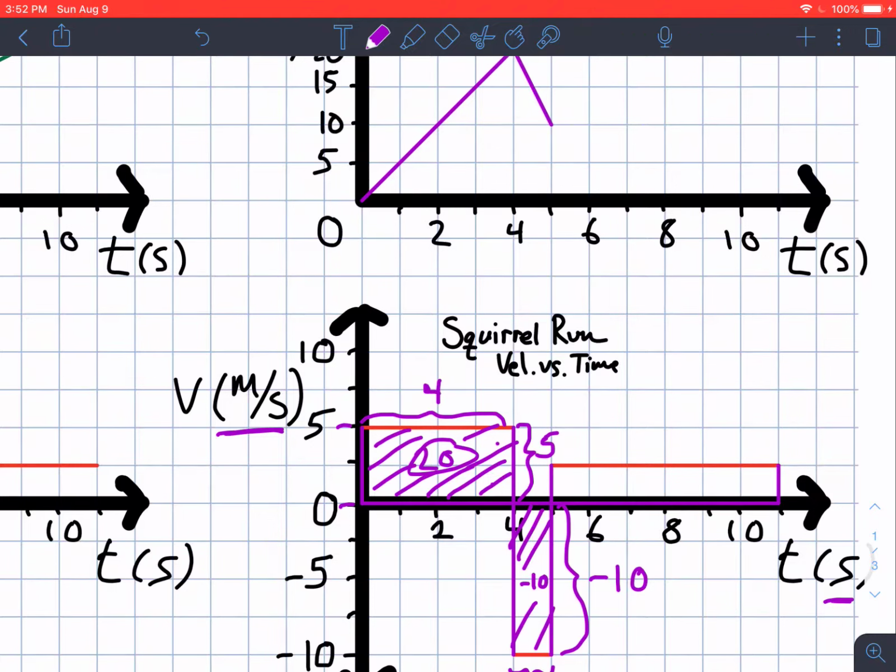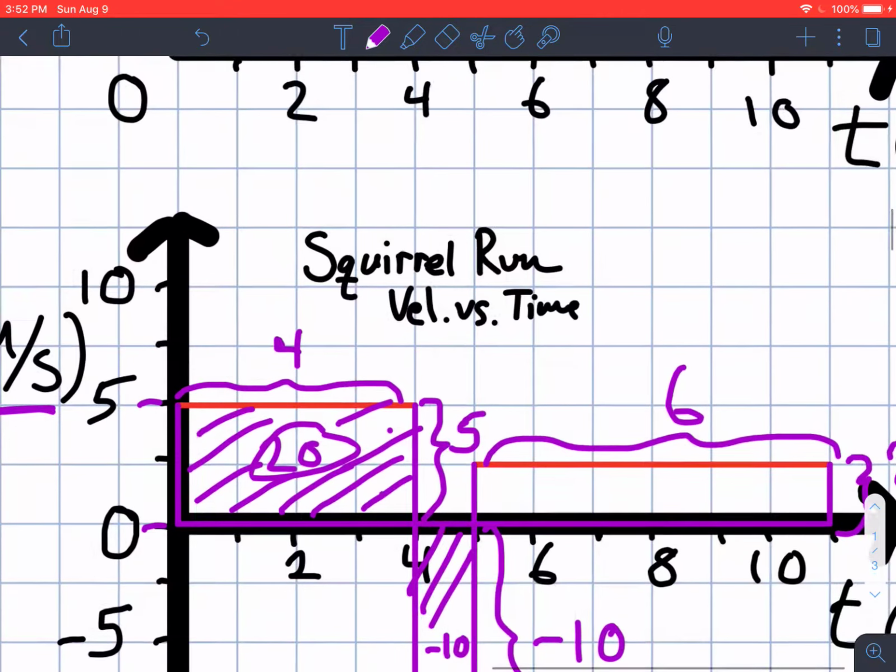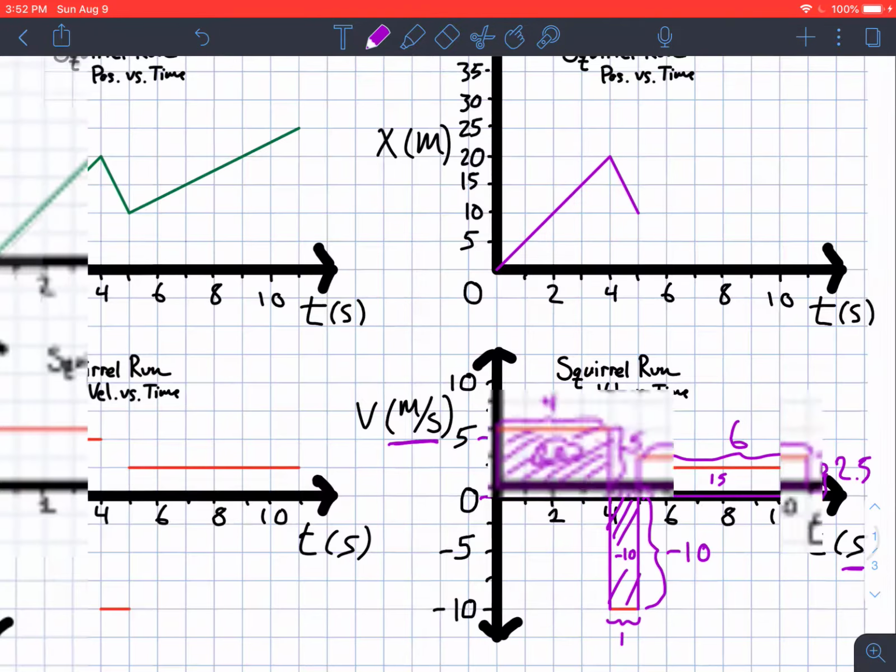And this one has a length of 6 and a height of 2.5. And 2.5 times 6 is 15. Right?